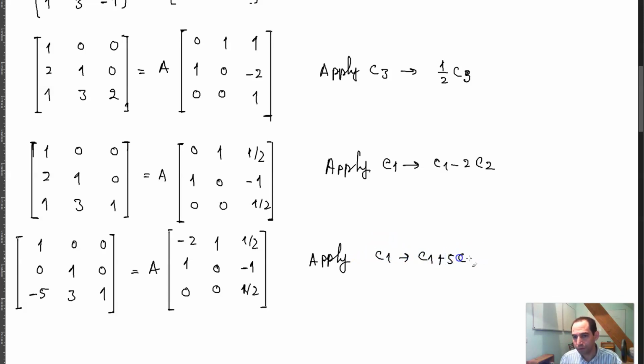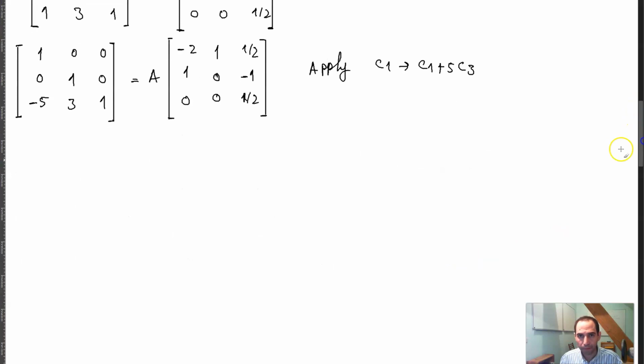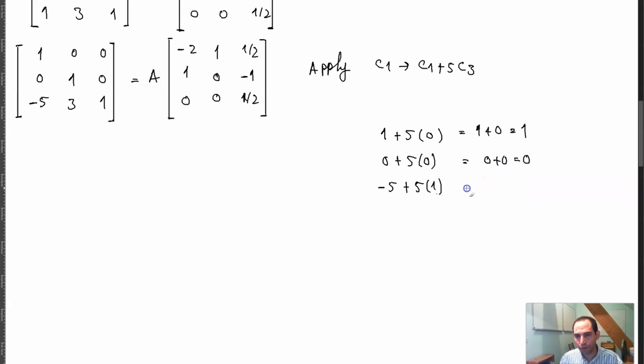and then after that we need to apply basically column 1 becomes column 1 plus 5 times column 3. So you have basically 1, for example, plus 5 times 0, then you have 0 plus 5 times 0, and then you have negative 5 plus 5 times 1, which is basically 1 plus 0, which is equal to 1, 0 plus 0, which is equal to 0, and negative 5 plus 5, which is equal to 0.